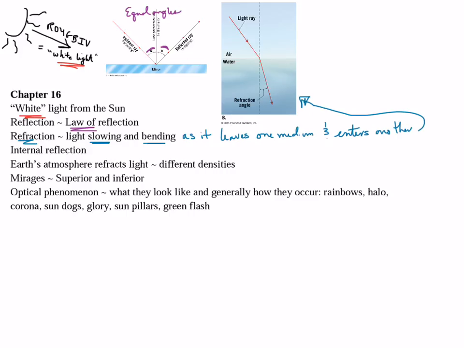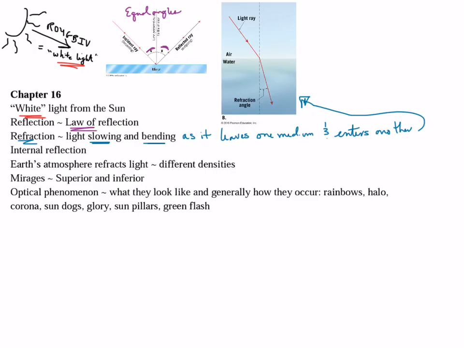What is it about the water that changes the direction of the light ray? It has to do with, it's funny because I didn't think about this till recently, but you know how we talked about the speed of light? The speed of light is like 186,000 kilometers per second. Well, that's in a vacuum.